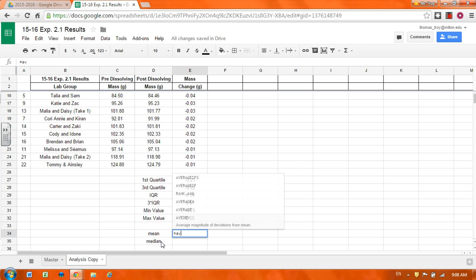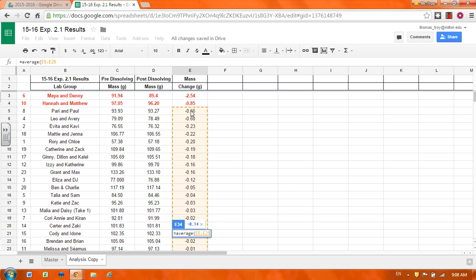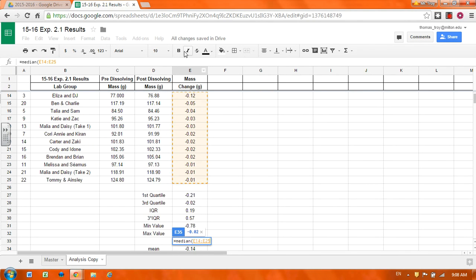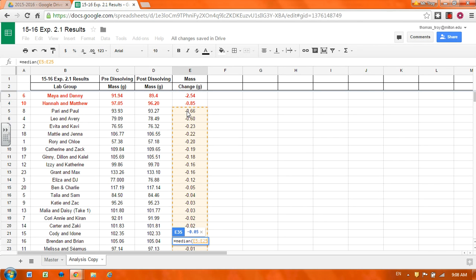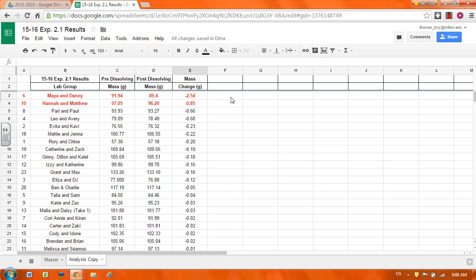So we can type equals average. We want to find the average mass change of all the data except our 2 outliers, and we'll find the median mass change of all of our data except the outliers. Okay, so these 2 are considered outliers.